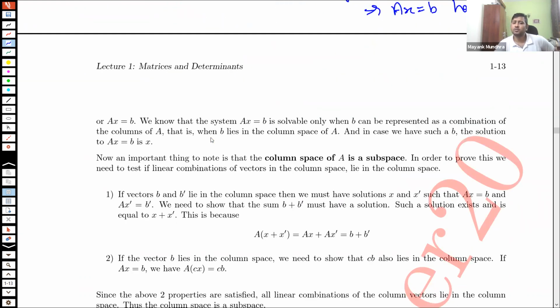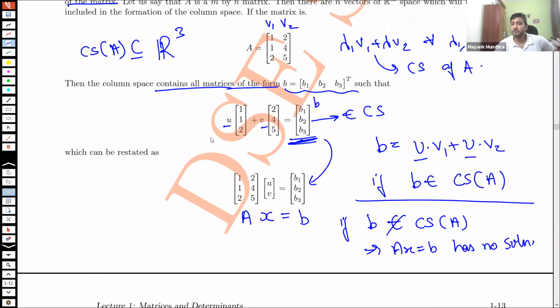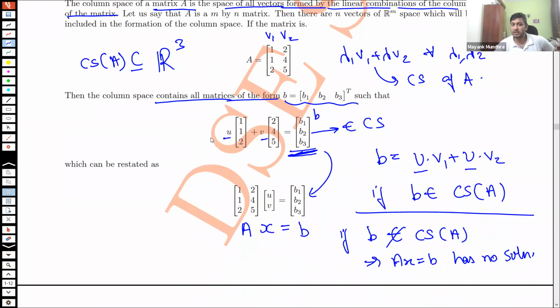Here I just want you to understand the importance of the column space and how it is related to which of the three cases I'm going to end up in. At least it can demarcate the cases of no solution from at least one solution.